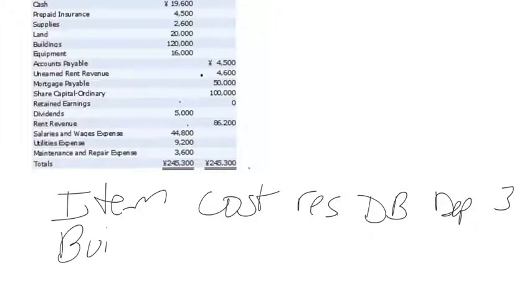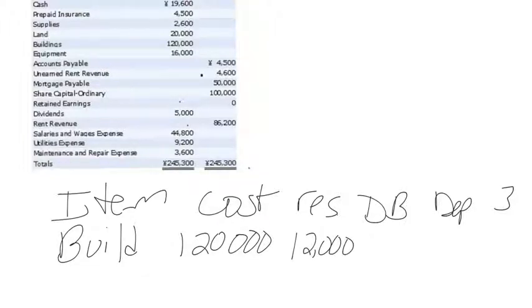The building cost $120,000. Residual value is 10% of that, or $12,000. So your depreciable base is the difference, or $108,000. Your depreciation for buildings at 4% of that is $4,320. But that's 12 months. We're only going to take 3 out of 12 months, or $1,080.